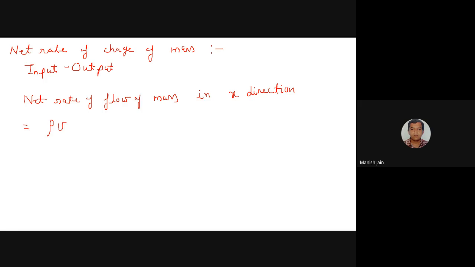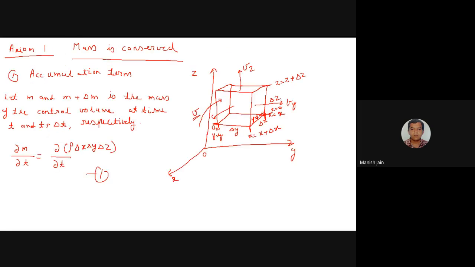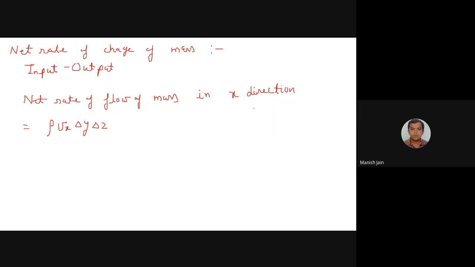Velocity is vx in the x direction, multiplied by the surface area. Surface area in the x direction is delta y delta z. Okay, so if you check the surface area in the x direction, that is equal to delta y multiplied by delta z. Okay, so material is entering at x equal to x, and it is leaving from x equal to x plus delta x.